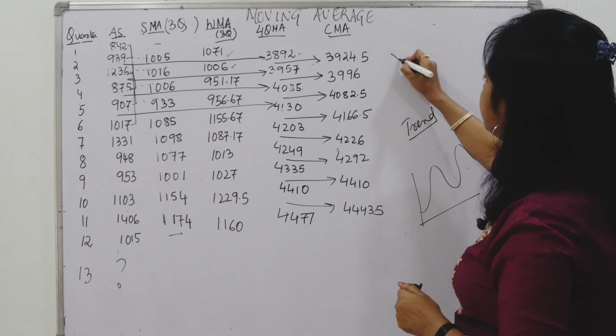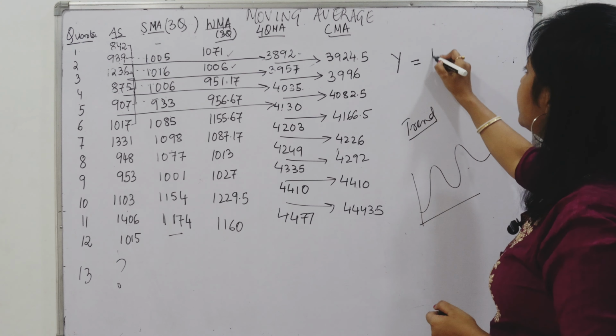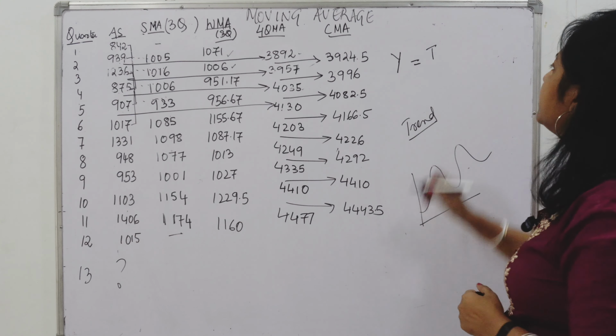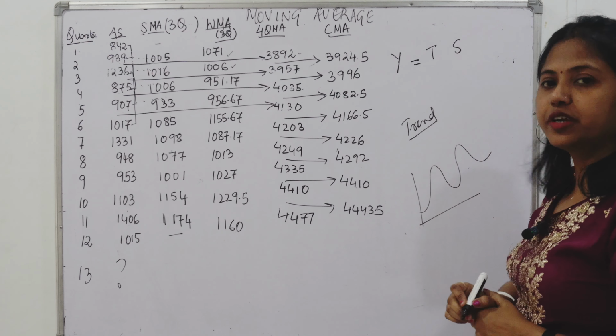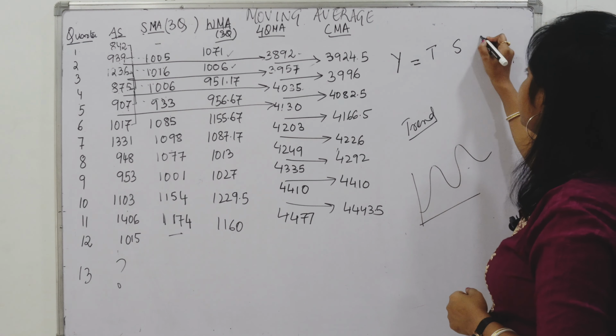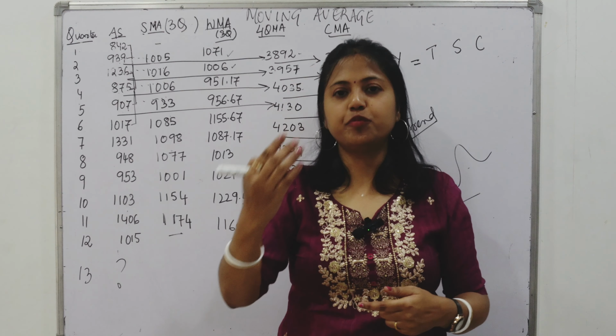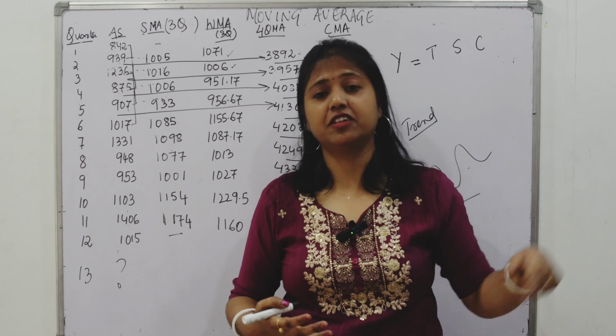Generally, when you have a time series, the time series has certain components. The first is the trend component, and then we have the seasonality component. Then we have the cyclicality. In an economy, there is a cycle, like the boom, then the recession, then the depression, then the recovery.